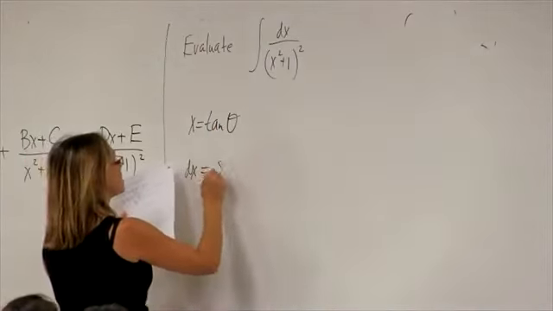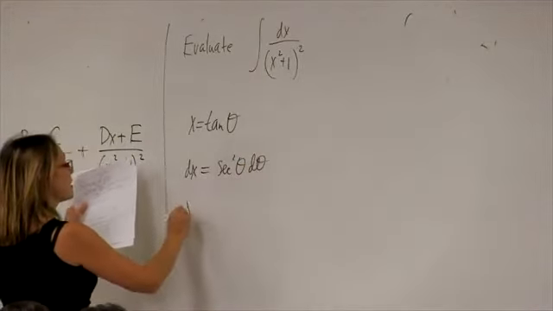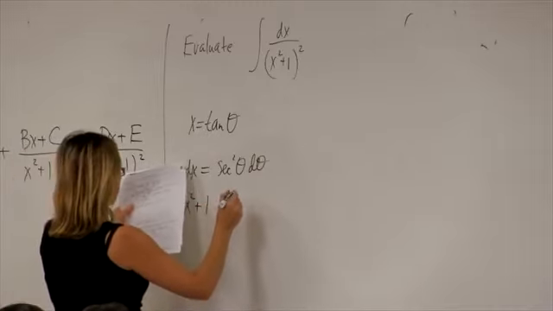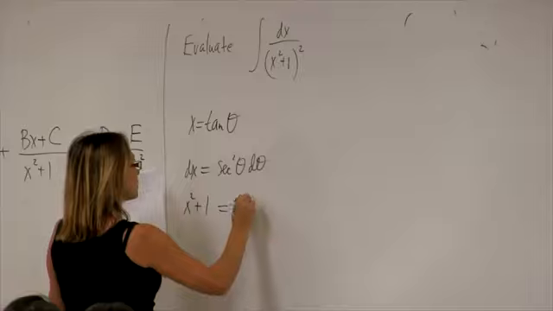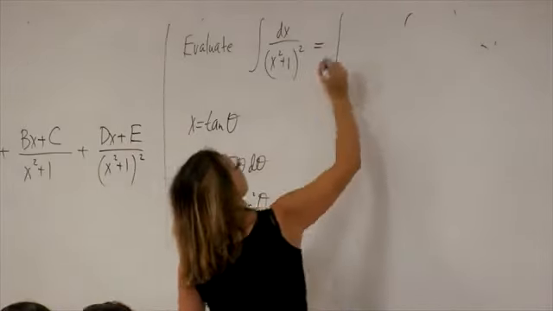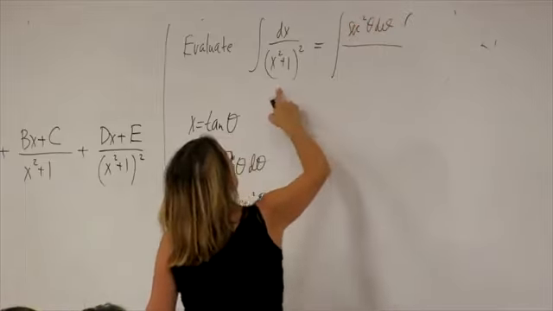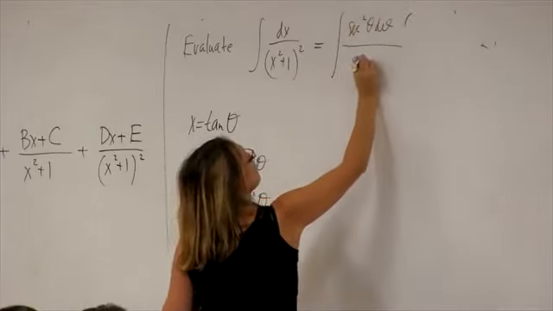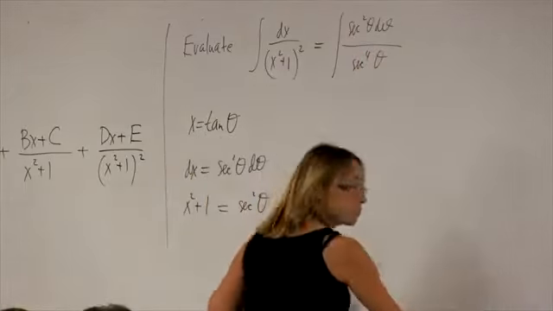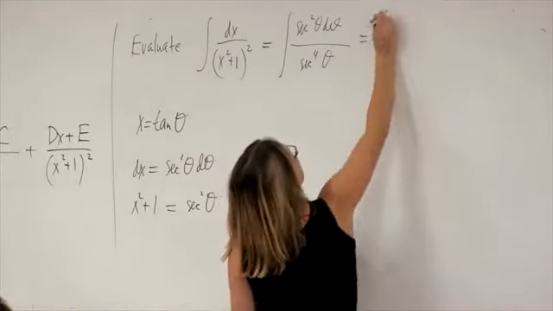Let's see what we gain. dx is secant squared theta d theta. What is x squared plus 1 in this case? That is secant squared theta. So let's write down what we got. Instead of dx, I have secant squared theta d theta, and here I have secant fourth theta. Right? Questions? So this can be simplified.